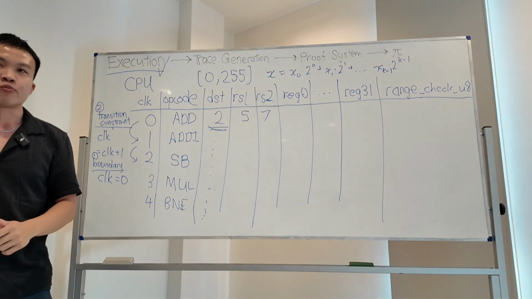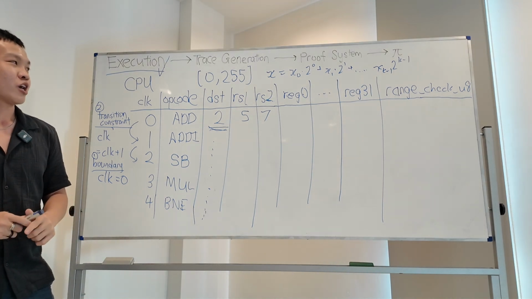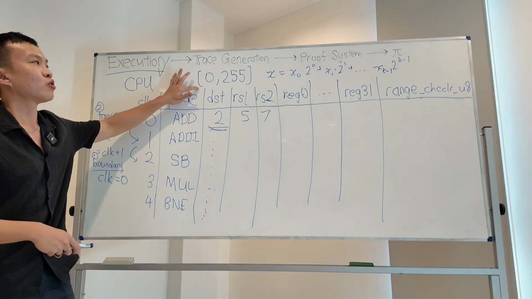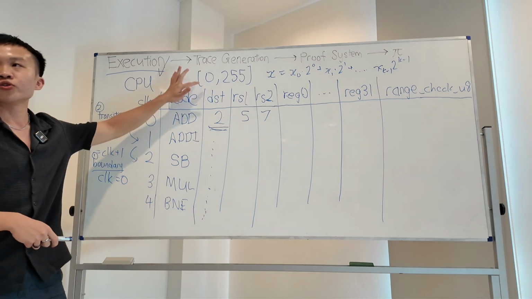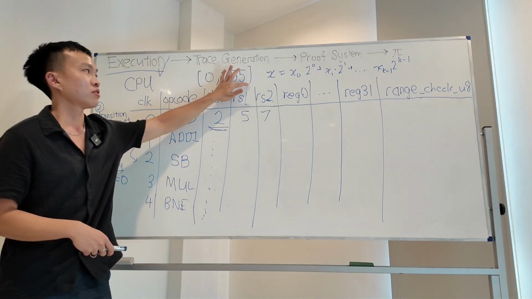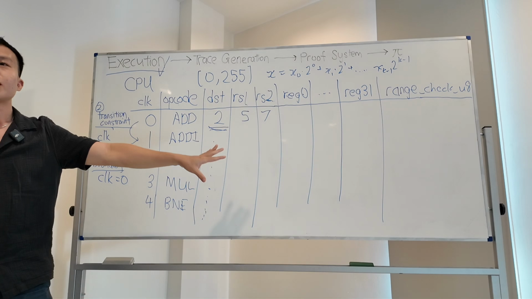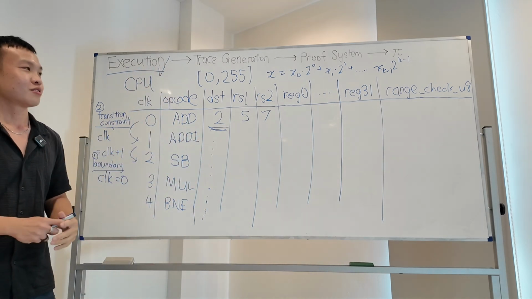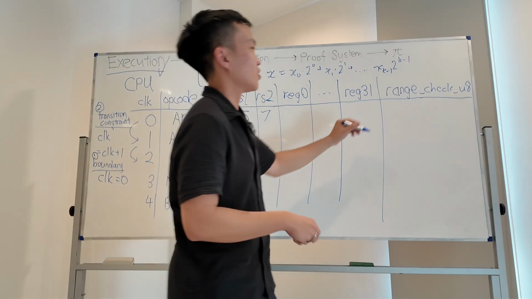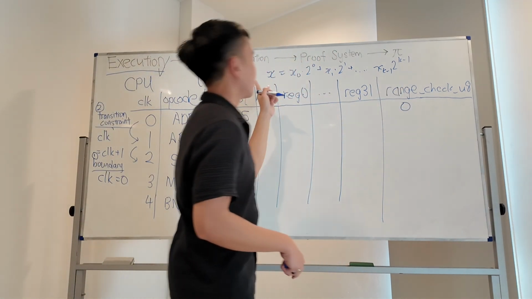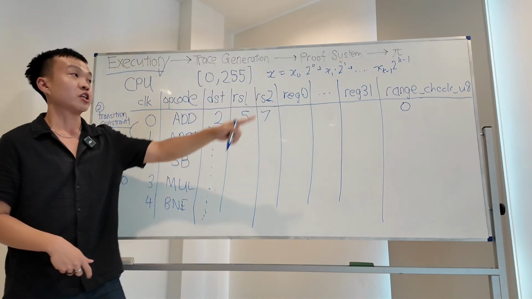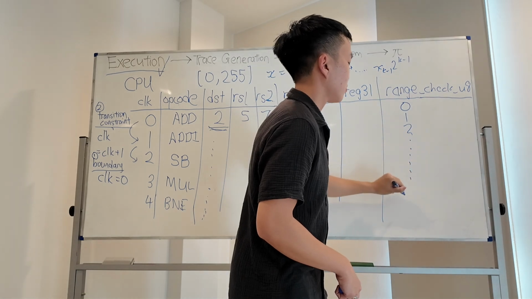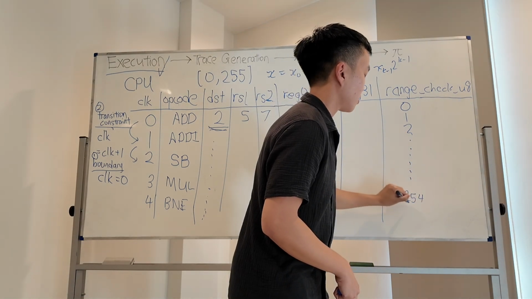So before we get to the small table thing, because we know that the values fall within this range, we can put all the values in this range somewhere else and do a lookup to that column. We put all the possible values in that column, from 0 all the way to 254 and 255.